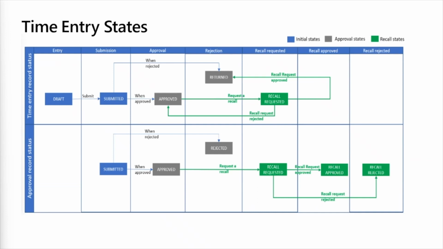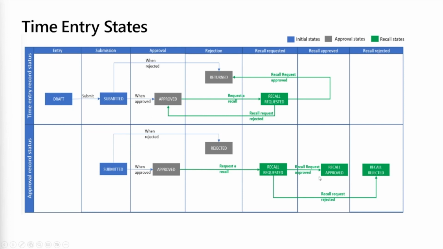Now, behind the scenes, when these different processes are taking place, we also track the approval record status. There is a little bit of difference in terms of statuses between the time entry record status and the approval record status, and the difference is basically the recall status.